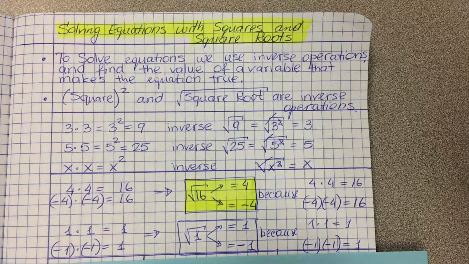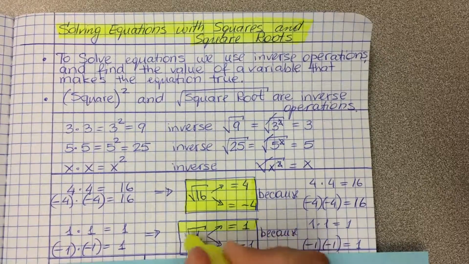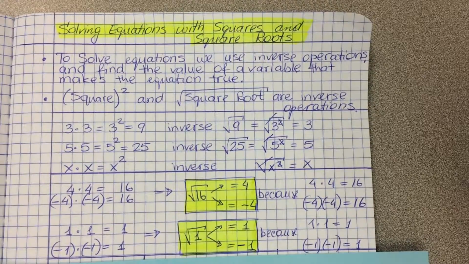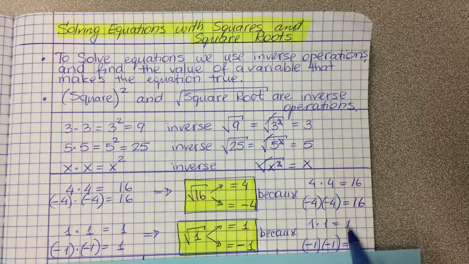So the square root of a positive number can have two values, positive and negative, because positive times positive is positive, and a number times itself, such as negative times negative, is positive as well.